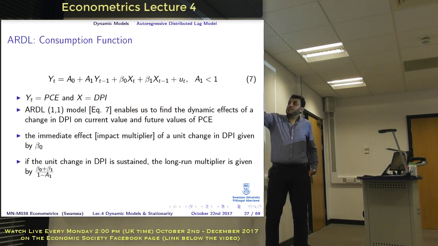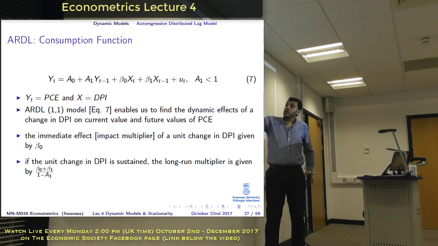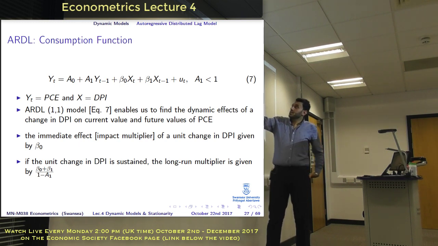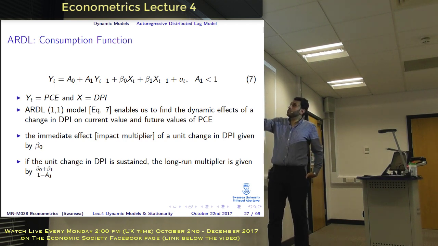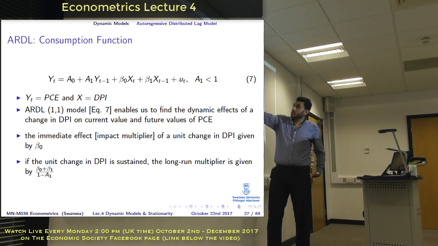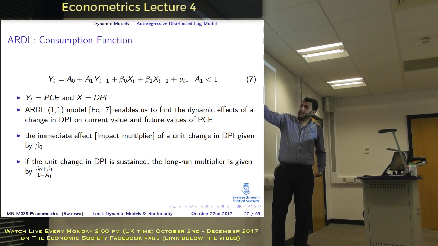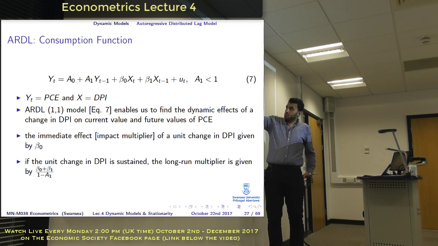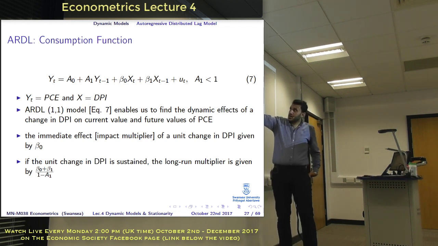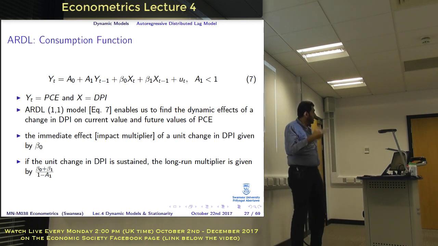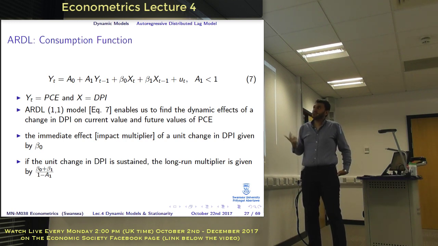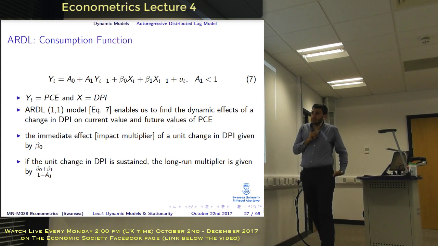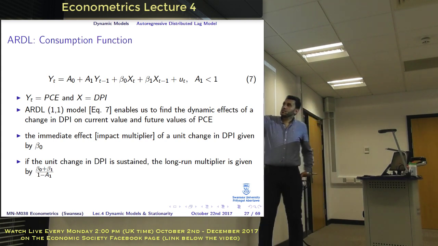So one lag for the dependent variable, one lag of Y, which now became part of the regressors or the independent variables, and also one lag of X. So consumption expenditure would depend on its own value in the previous time period, plus the current disposable income, plus the disposable income from t minus 1, plus an error term. So just to simplify things, just think of this.